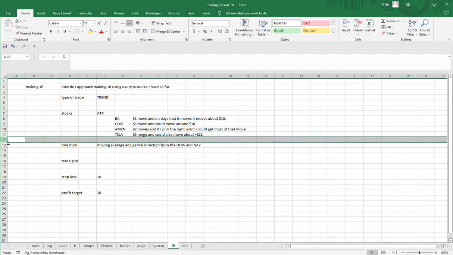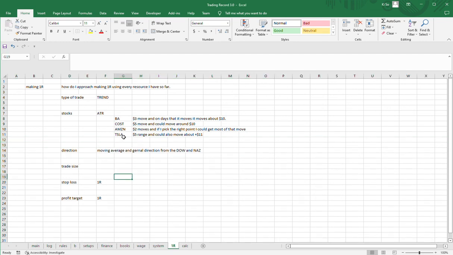So the stock selection gives me an idea what to look for when I look at the watch list tomorrow. And I'm going to do this. Monday is going to be essentially the start and a schedule of making 1R. And I will record the progress in my log and figure out what I'm going to do.